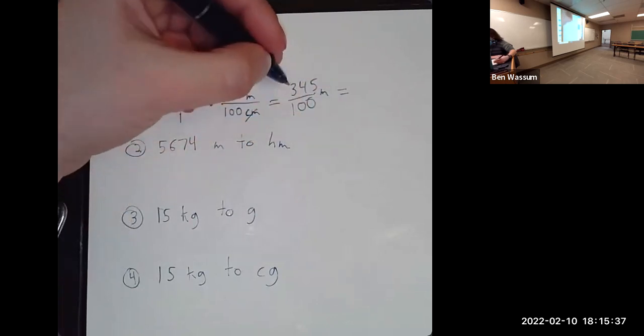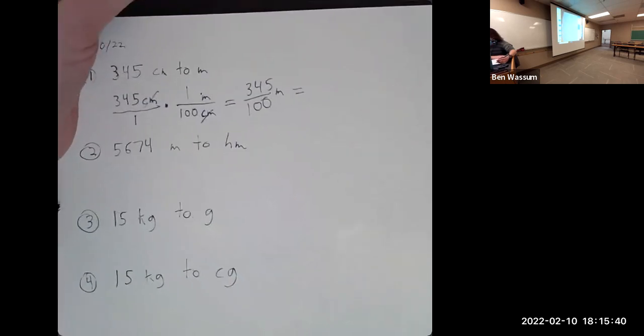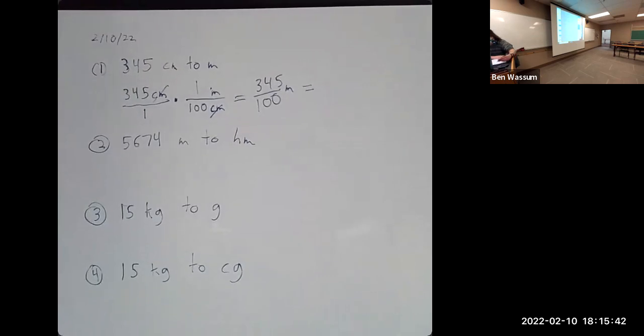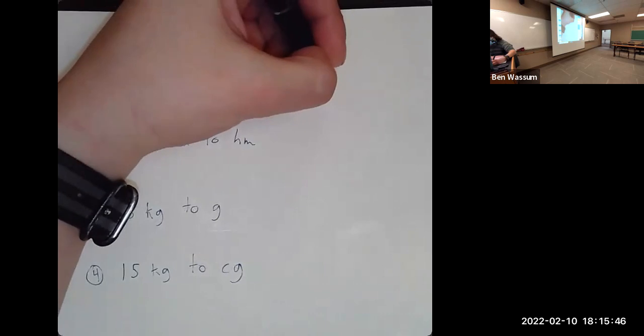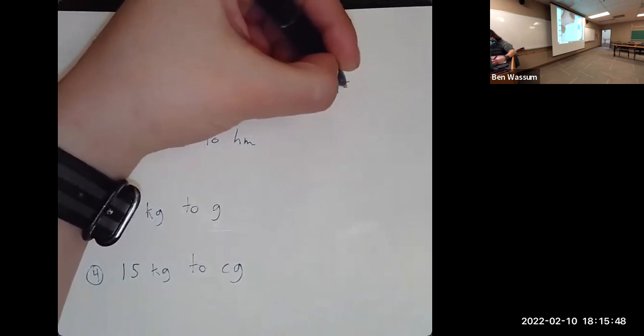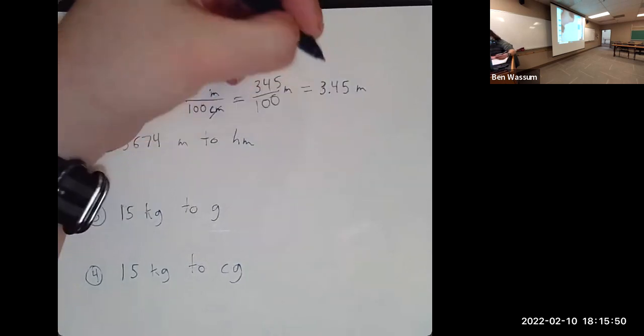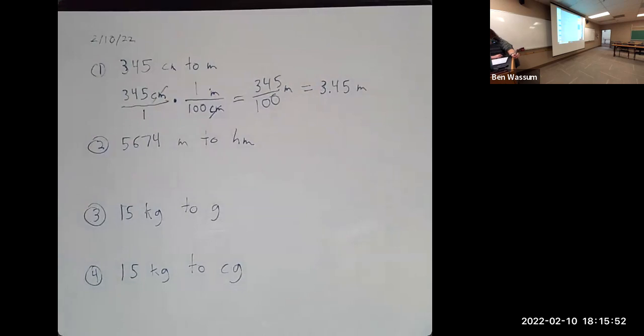And if I do that division, all that's really going to happen, kind of like when we're doing scientific notation, is it just shifts over the decimal because I'm dividing by a bunch of tens. So I end up with 3.45 meters. Okay.